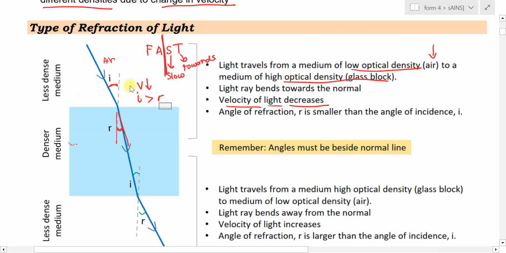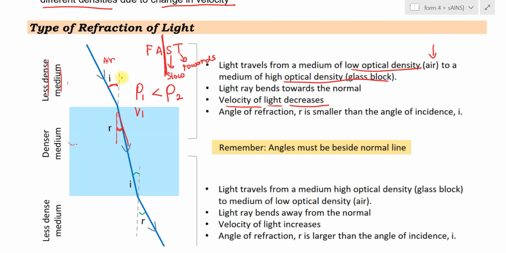Kalau dari segi simbolik, kita boleh tulis macam ni lah. Let's say this is the less dense medium. Less dense medium. Okay, density 1, less dense, right? So, density 2. Oleh itu, apa yang akan berlaku?